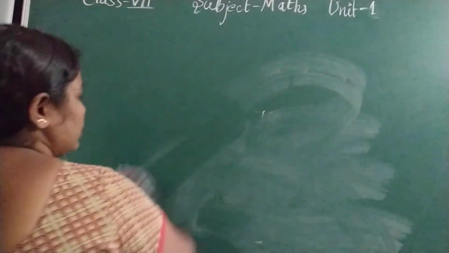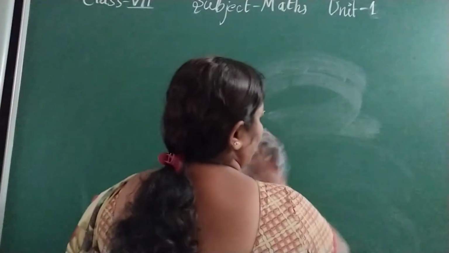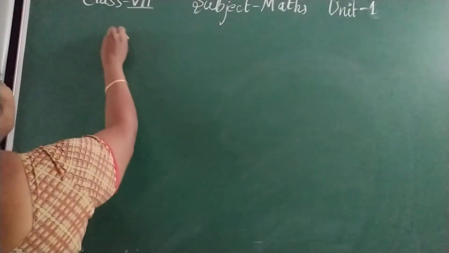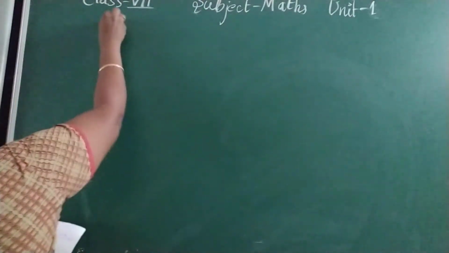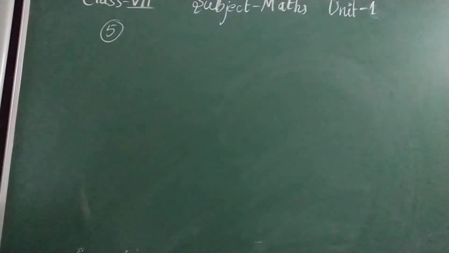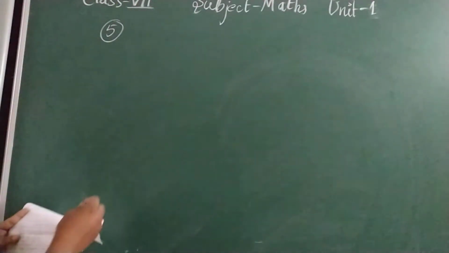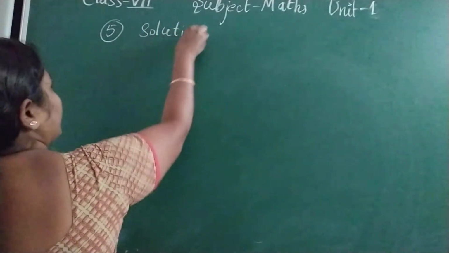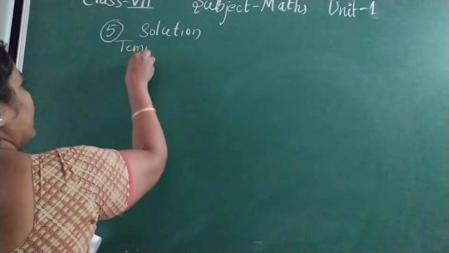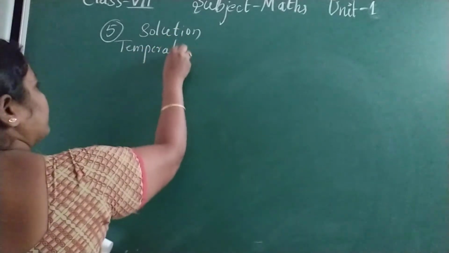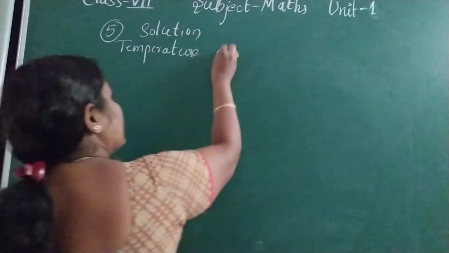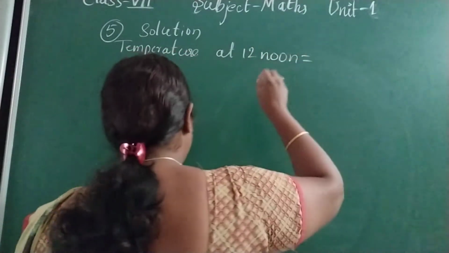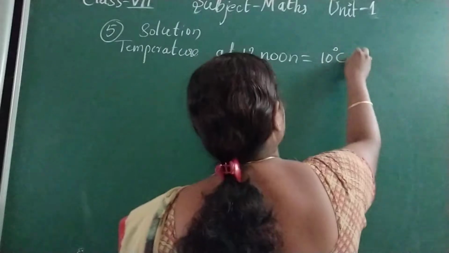Take this solution from the fifth question. Write the solution. Temperature at 12 noon is equal to 10 degrees Celsius.